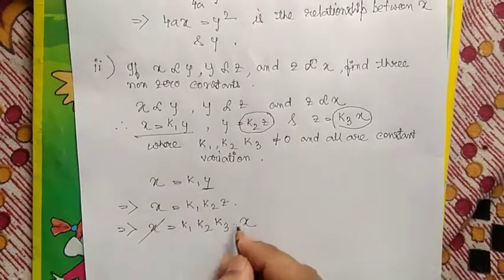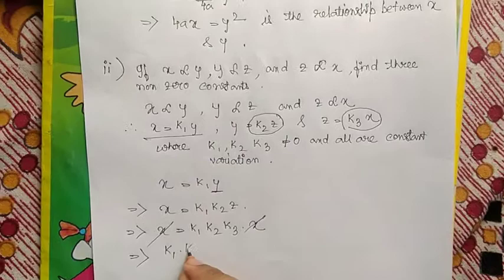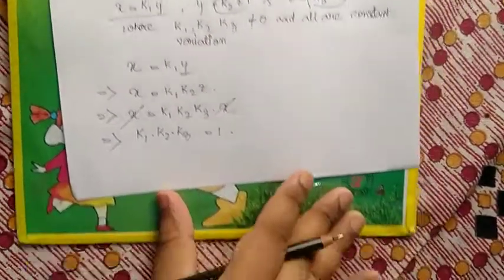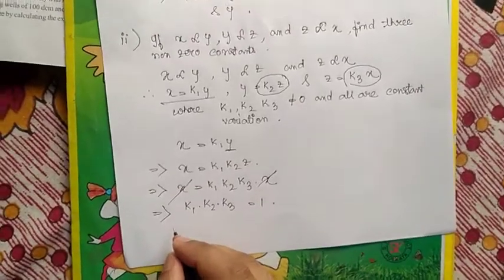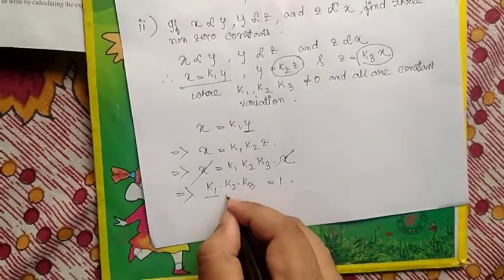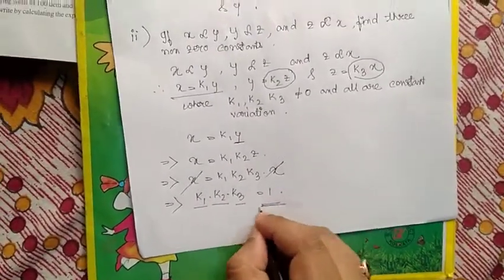So eliminating x and x, we get k1 into k2 into k3 equals 1. Therefore the product of the three non-zero constants, k1, k2 and k3, equals 1. This is the required answer.